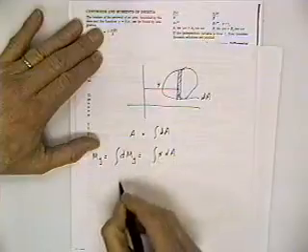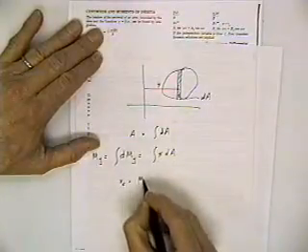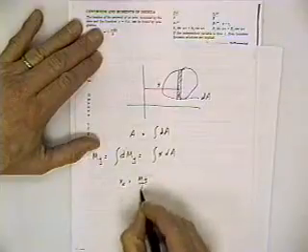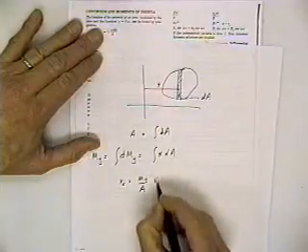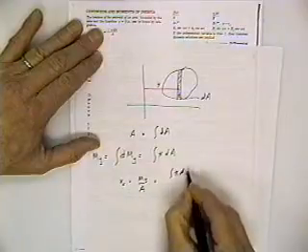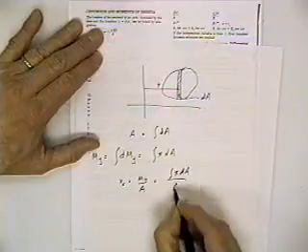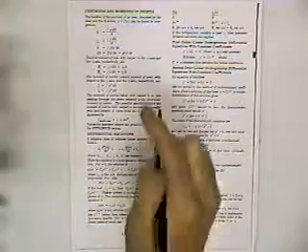And the centroidal distance, x sub c, is equal to M_y divided by A, or it's equal to the integral of x dA divided by A. Okay? And that's the formula that's given to you.